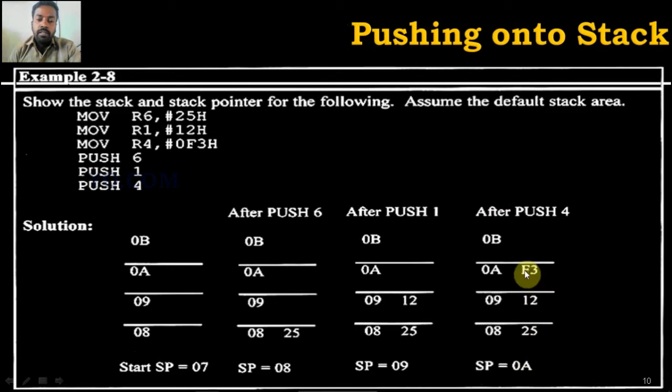Pop means the last pushed data is taken out first: F3 is taken out, then 12, and then 25. That is last in, first out format.